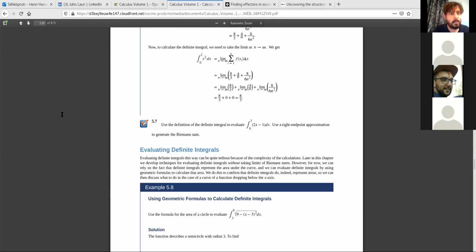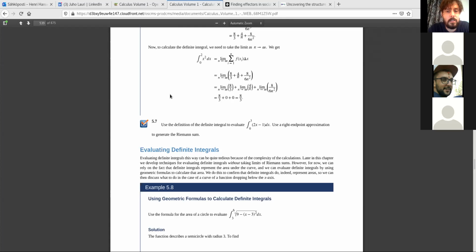Well, the delta x is 3 over n. So that would be 2 times 3, that's 6i, times 3, that's 18i over n, minus 3 over n. Right.